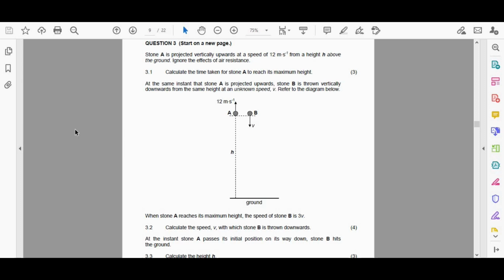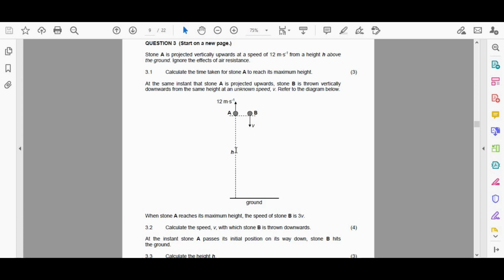When stone A reaches its maximum height, the speed of stone B is 3v. So how do we read that sentence? When stone A reaches its maximum height, having been projected vertically upwards from height h at 12 meters per second, stone B is already 3 times its original unknown velocity, 3v. Its speed is 3 times greater, or 3 times faster.